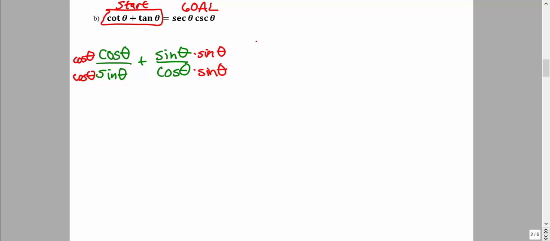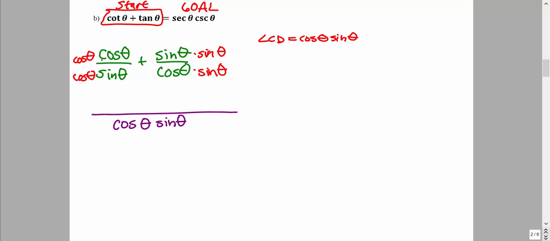So now we have that common denominator, that LCD of cosine theta times sine theta. And now that they have the same denominator, I can combine them all into one fraction.